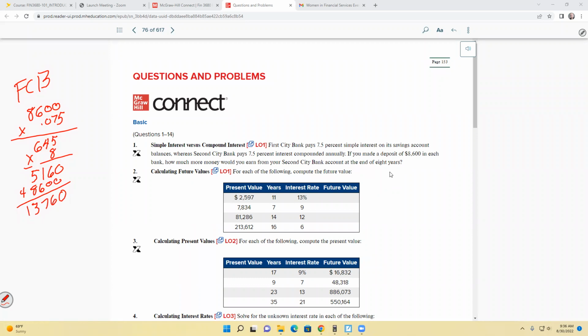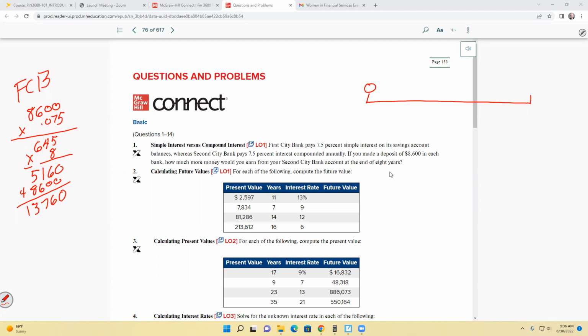Okay. All right. So then we go over to Second City Bank. Now, Second City Bank has compound interest, and what is compound interest? Gains interest on itself, so interest on interest and the principal, right?